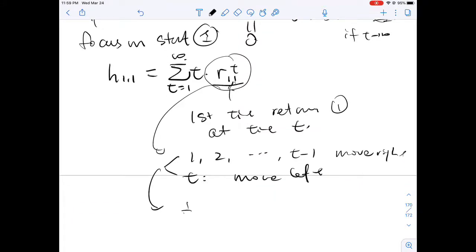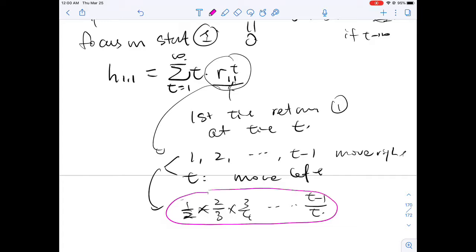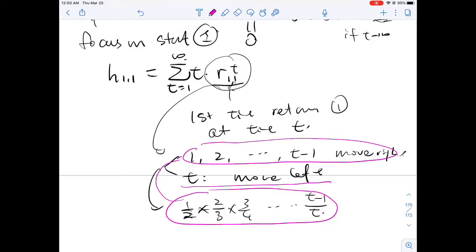If I want to keep moving to the right, the probability is 1/2 times 2/3 times 3/4, all the way to (t minus 1)/t. This is the chain of probabilities describing the first event. Then we also need the second event to happen, which is 1 over t.